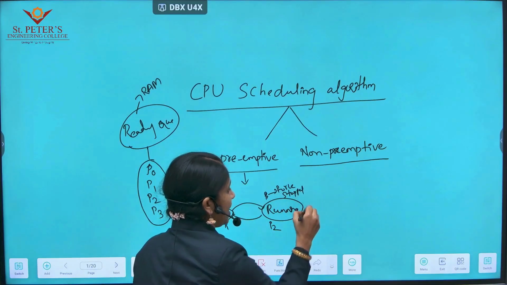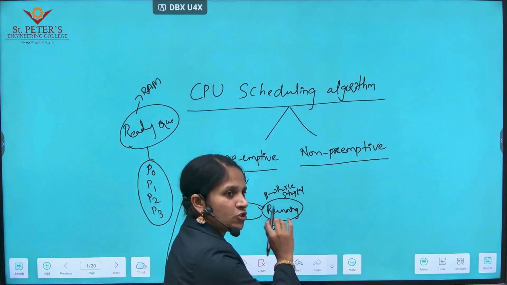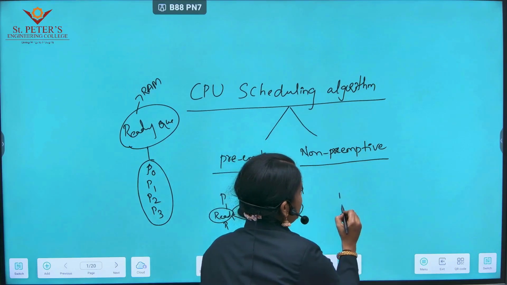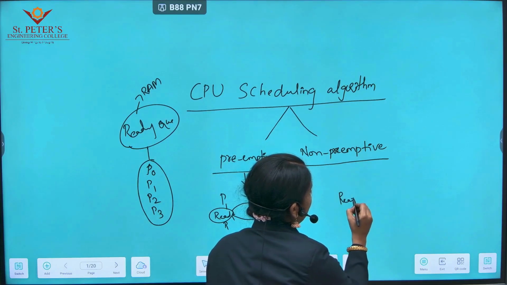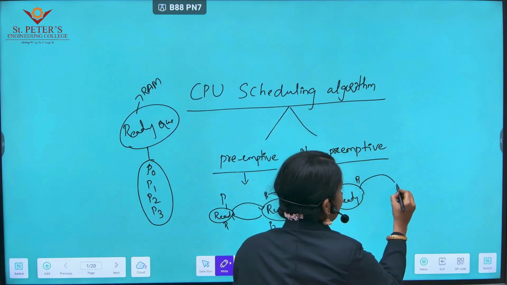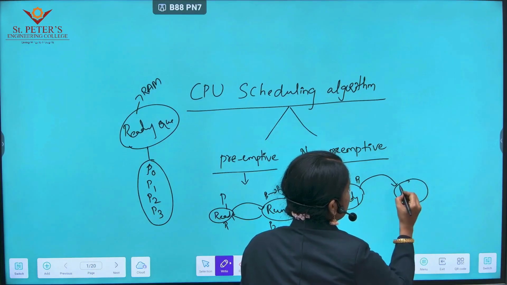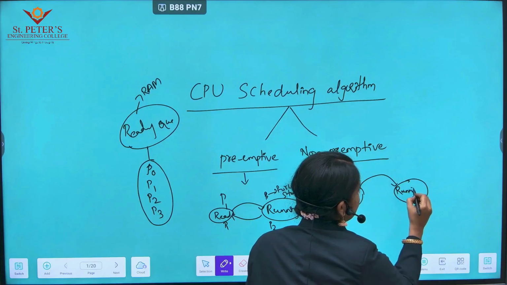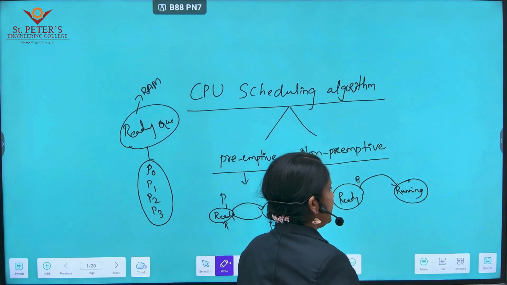What is non-preemptive? It is the opposite of preemptive scheduling. Once a process came in the ready queue, P1 came and took the CPU and went to running.